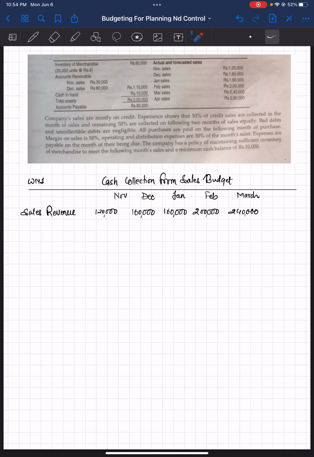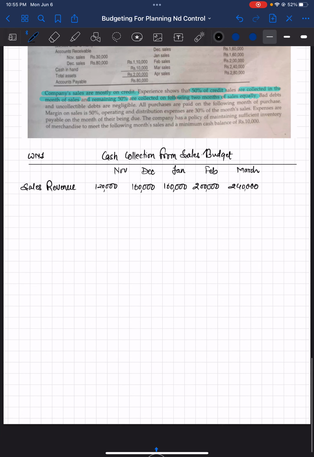For this question, we are given that most of the sales are on credit. As you can see, this entire amount of sales is on credit, and the past experience of the company shows that 50% of the credit sales are collected in the month of sale itself, and the remaining 50% are collected in the following 2 months equally.